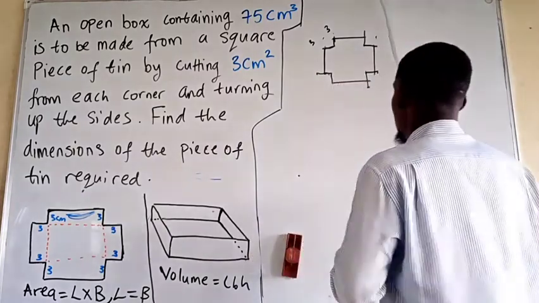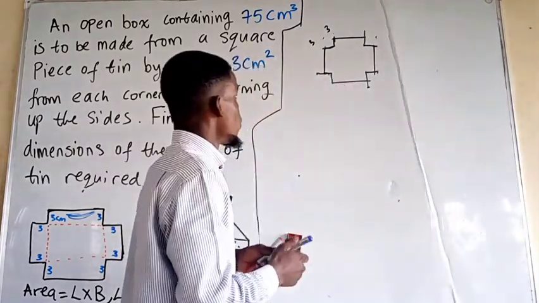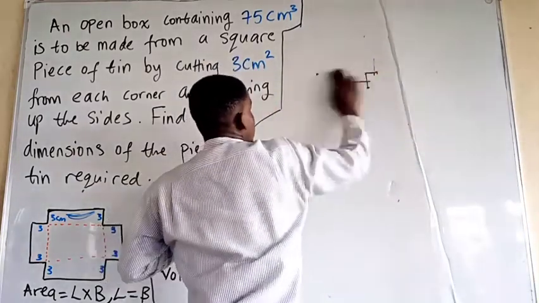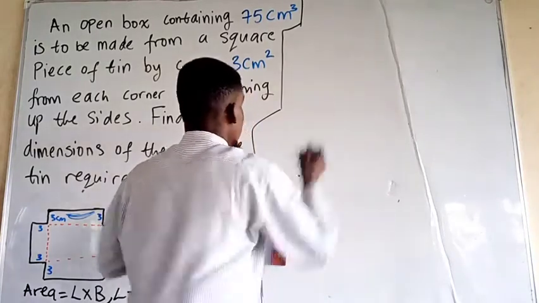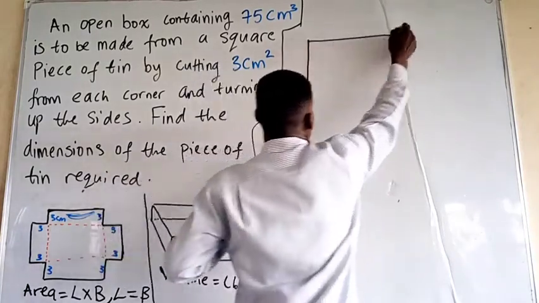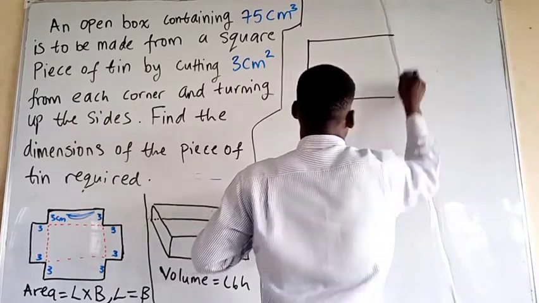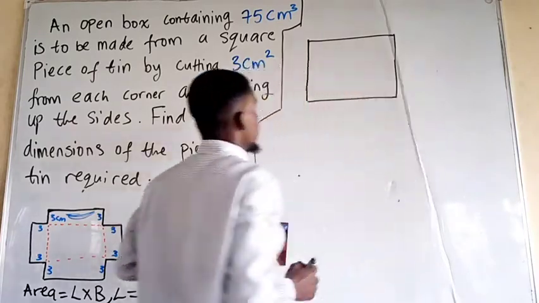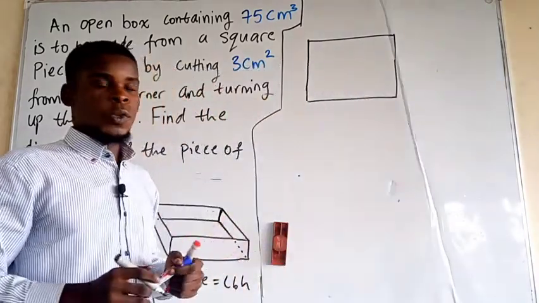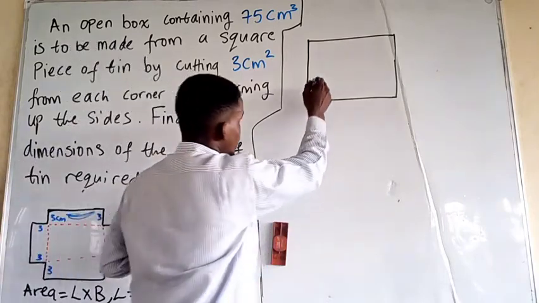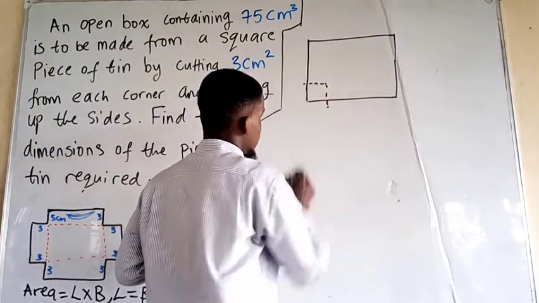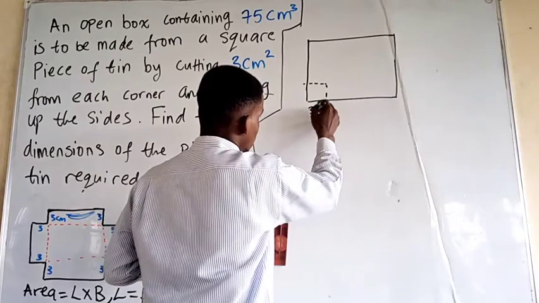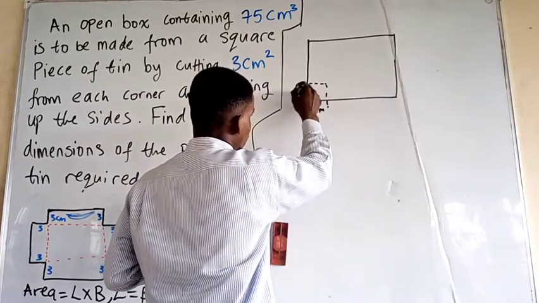Originally, we had a very nice piece of tin. Let me put it down again, which is just a square. So what we do here is that we have taken off 3 centimeters from this, and we have also taken off 3 centimeters.